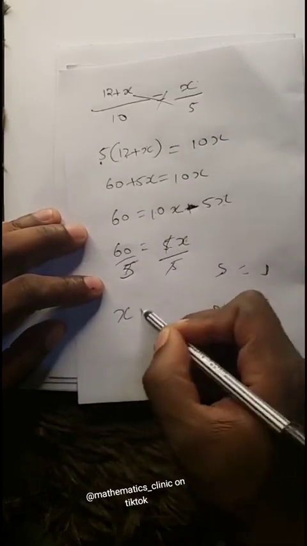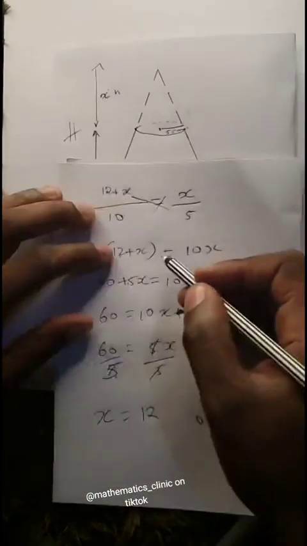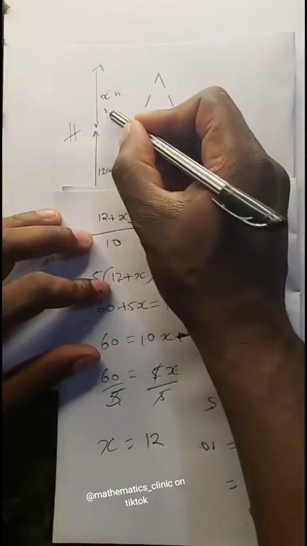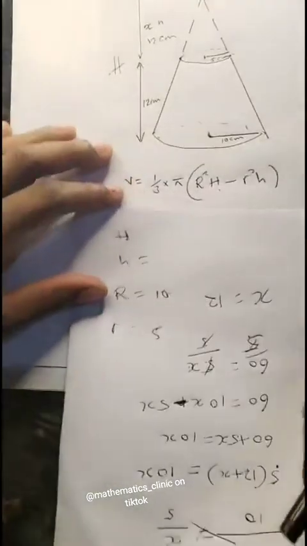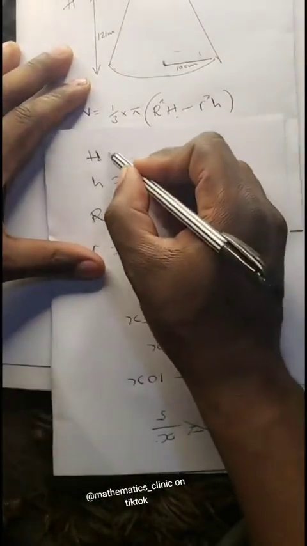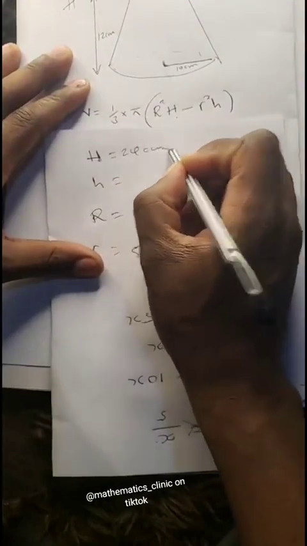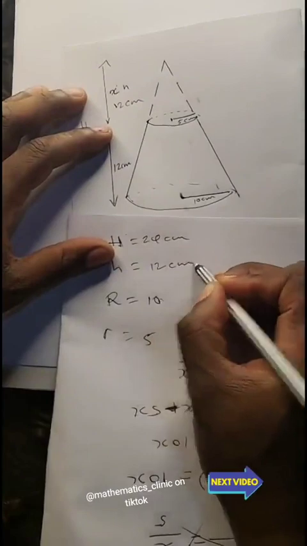So x is equal to 60 over 5, which is 12. So the smallest height is 12 centimeter. So the bigger height now is 12 plus 12, which is 24. So the bigger height is 24 centimeter, whilst the small height is 12 centimeter.